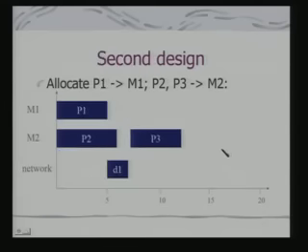Now, if we look at another design, here my allocation is that I allocate P1 to M1 and P2 and P3 to M2. That means, effectively I have interchanged P1 and P2 in terms of the allocation scheme. Here you will find that the cost is much less for communication because it is between P1 and P3, and so the total time required turns out to be 12, which is less compared to the previous one.